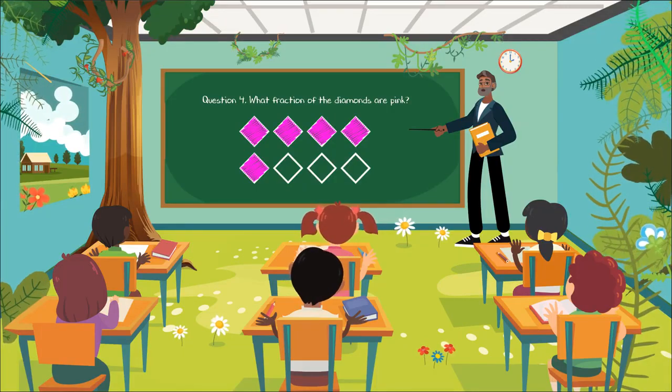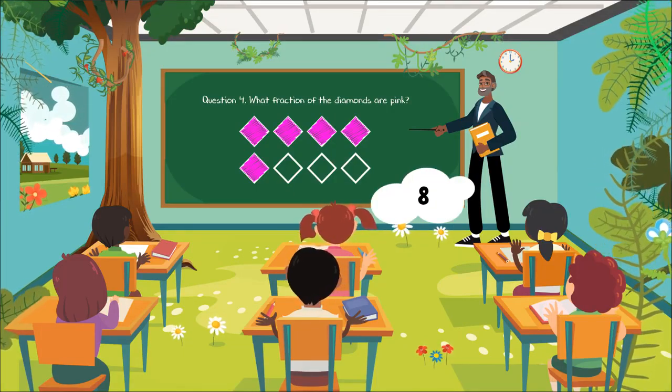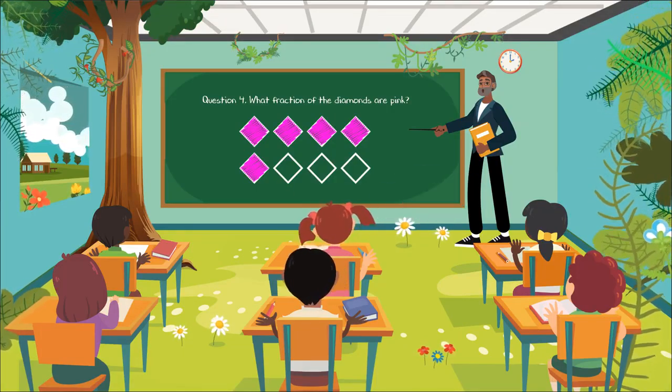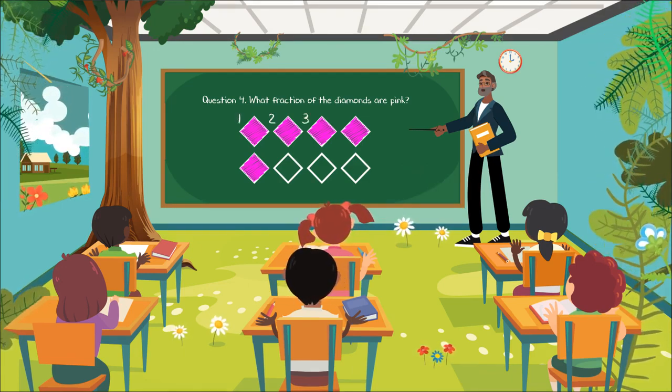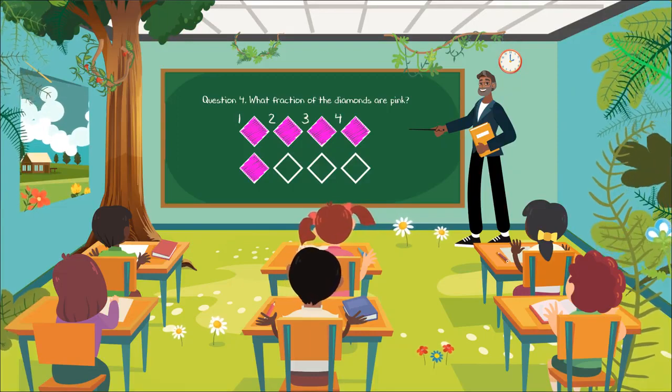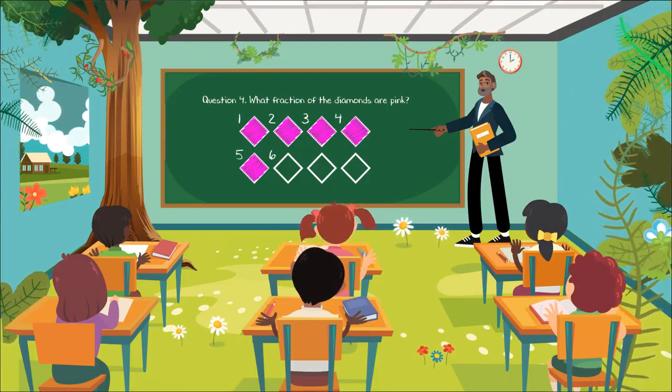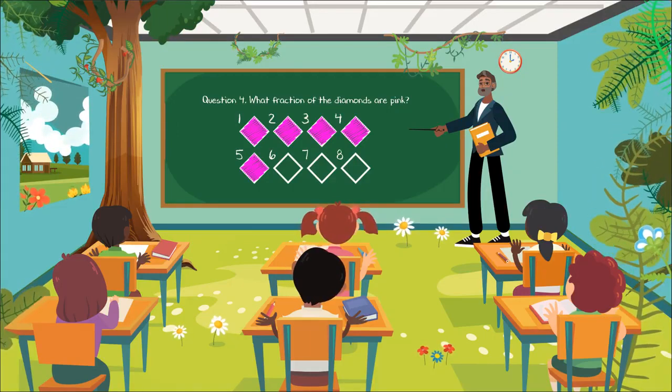And how many diamonds are there in all? 8. Let's count. 1, 2, 3, 4, 5, 6, 7, 8.